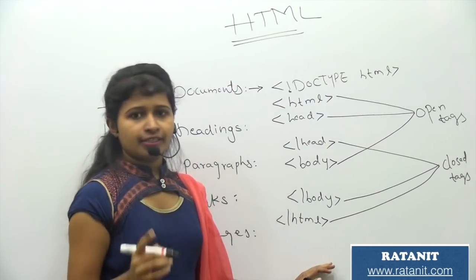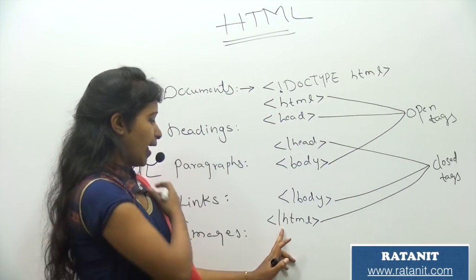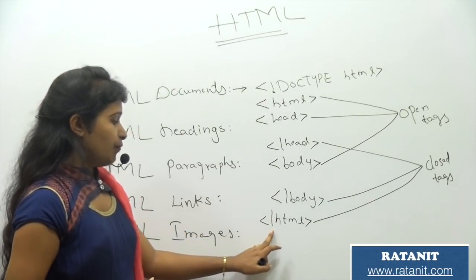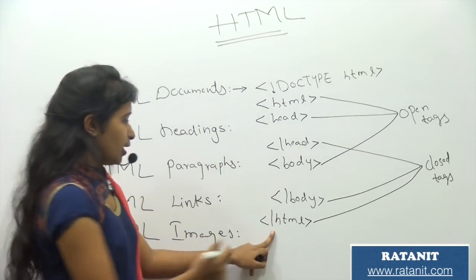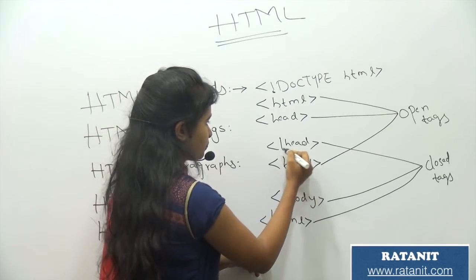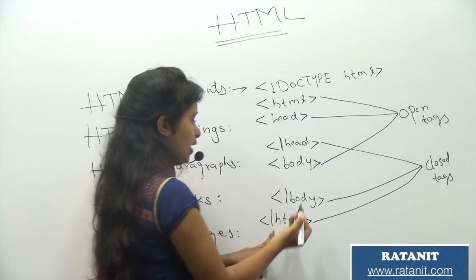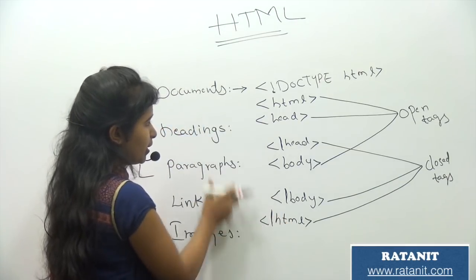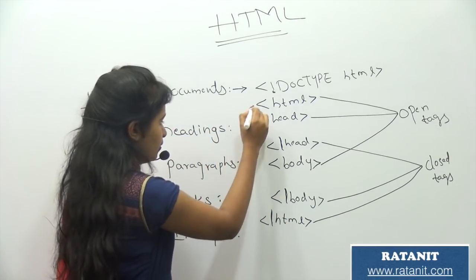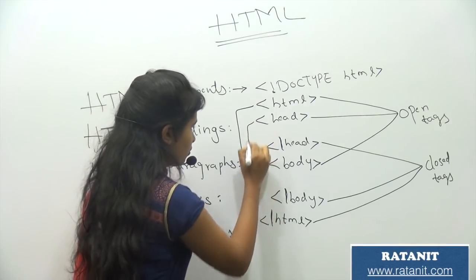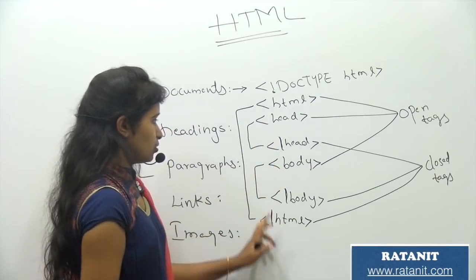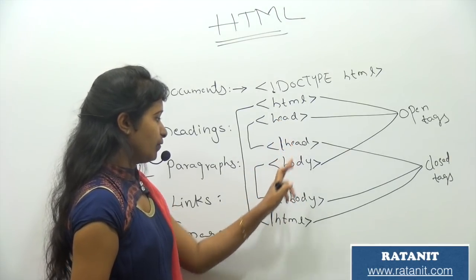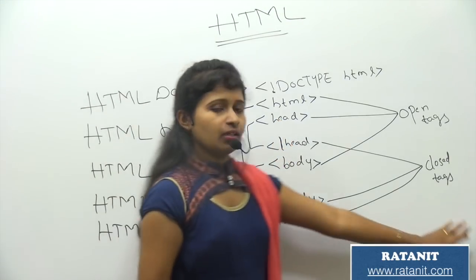Because I already told you that my closing tags will follow the tag name with a forward slash. See, head is followed by a forward slash, body and HTML, and I'm closing my HTML here, my head here, and my body here. So this is the open tag, this is the open tag, this is the open tag, and whatever I'm closing, all these are the closed tags.